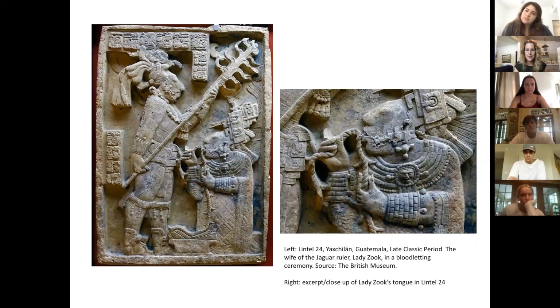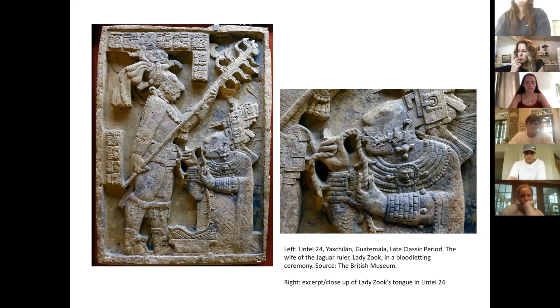Here we've got another set of bas-relief carvings. This is another sacrificial ritual. In this case, this is Bird Jaguar overseeing the ritual sacrifice of his wife. Here in the detail, you can see that this is a rope.